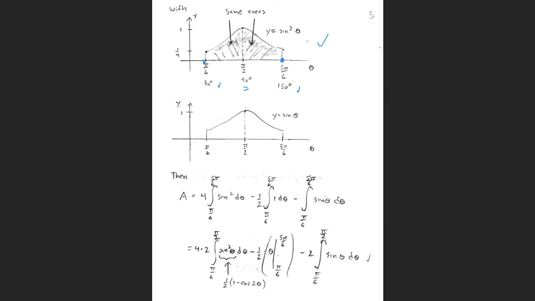The sine of theta also is symmetric about pi over 2. This allows us, we're focused here on the first integral and the last integral.